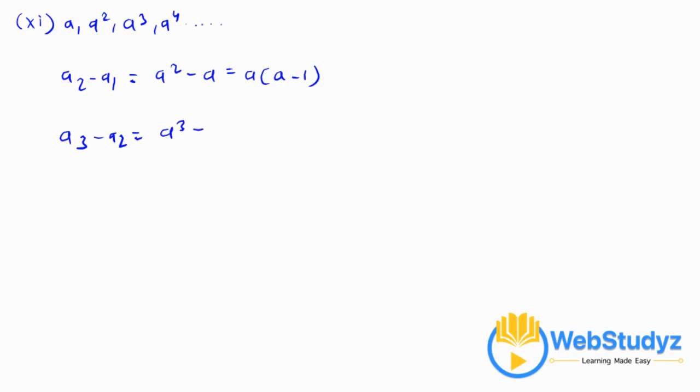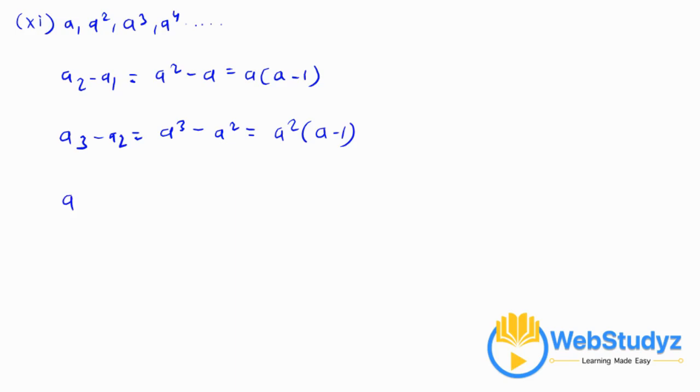A comma A square comma A cube comma A to the power 4 and so on. Checking the common difference, which is A2 minus A1, which is equal to A square minus A, which we can write as A into A minus 1. Again checking A3 minus A2, which is A to the power 3 minus A square, which is equal to A square into A minus 1.